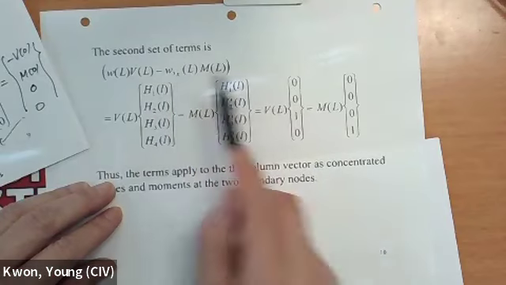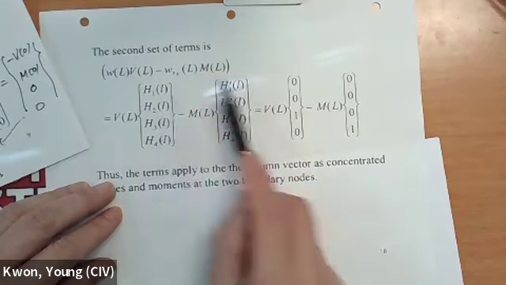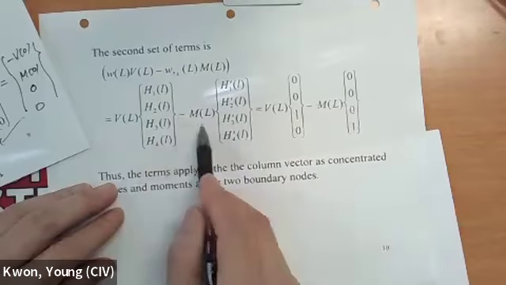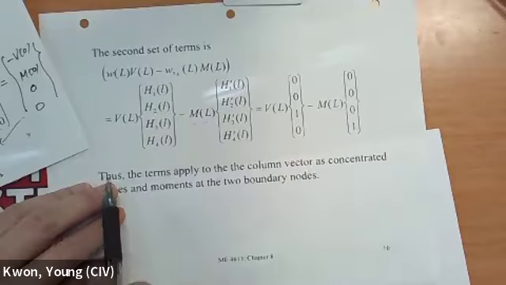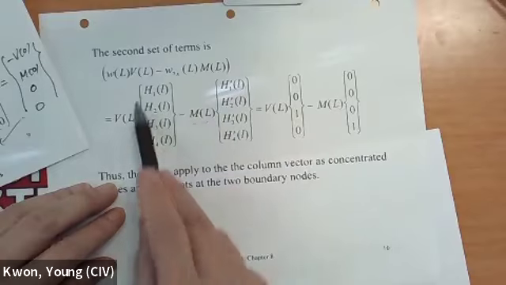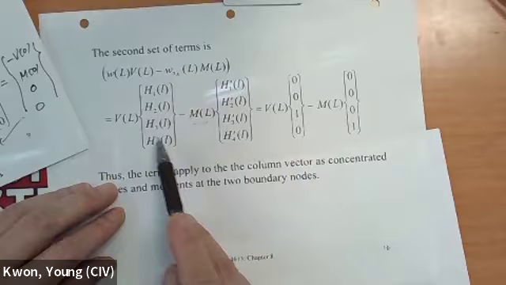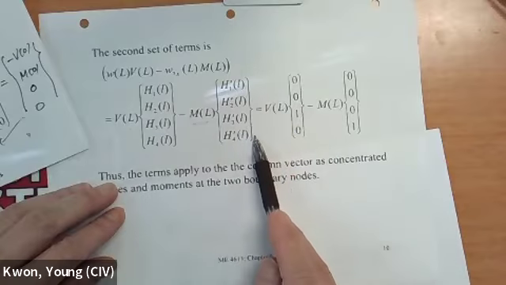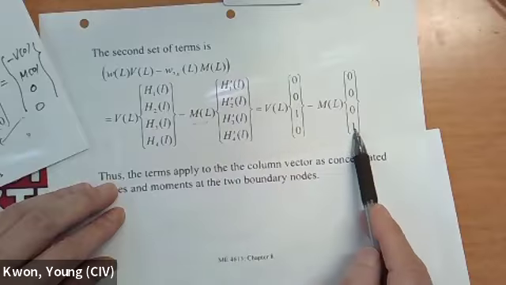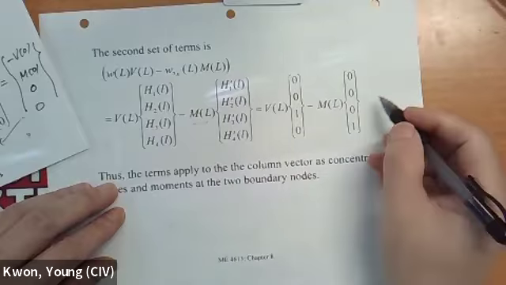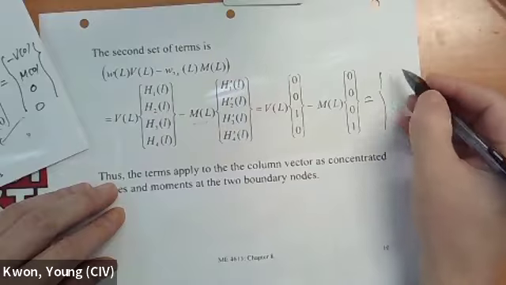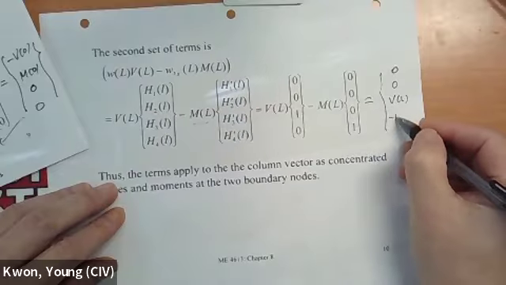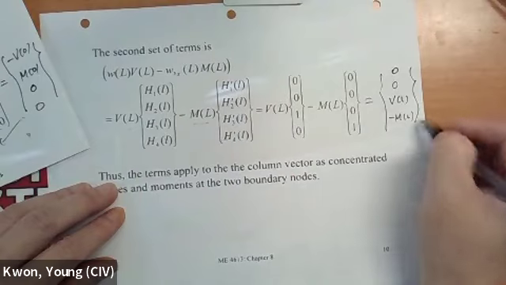And then this is going to be the derivative, evaluated at the right side, and this is either given or not given. If you look at this function, everything is going to be 0 except one, and the same for the derivative. So you get 0, 0, VL, and negative ML.